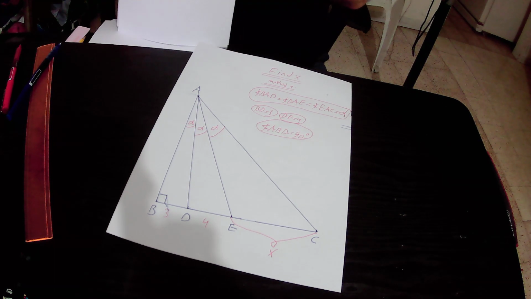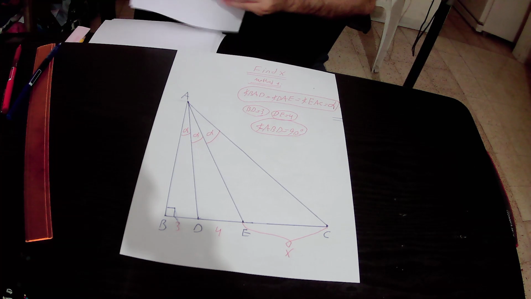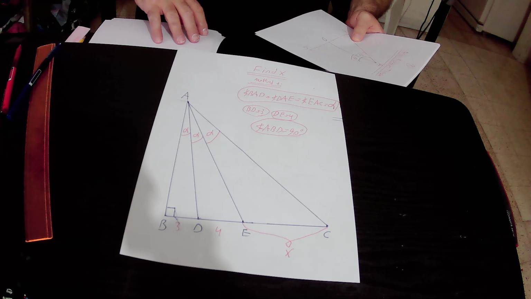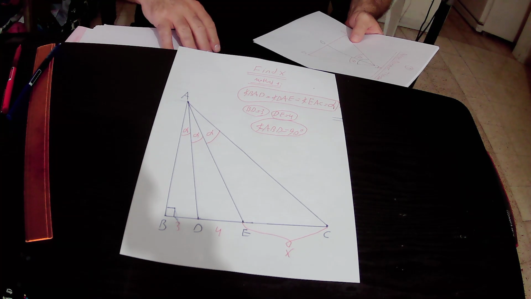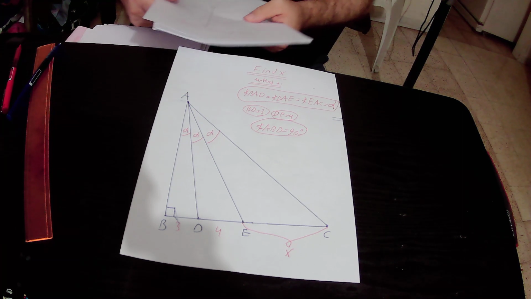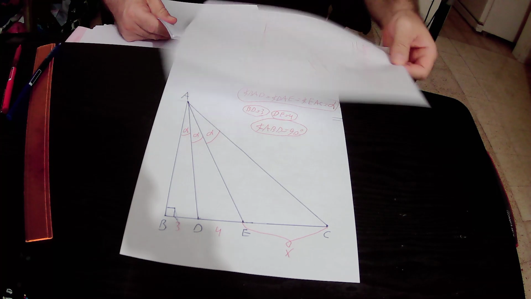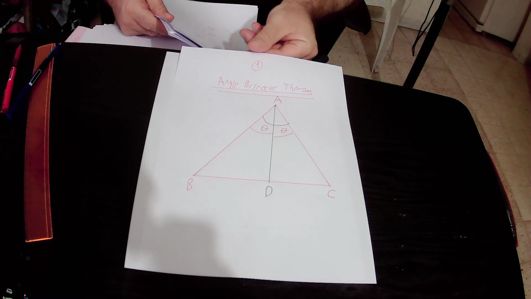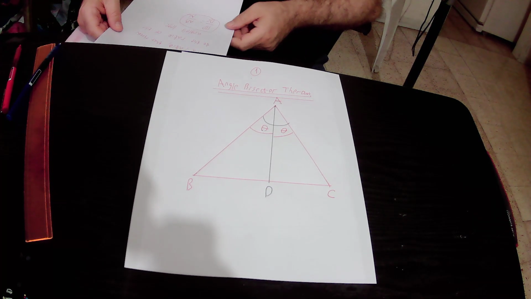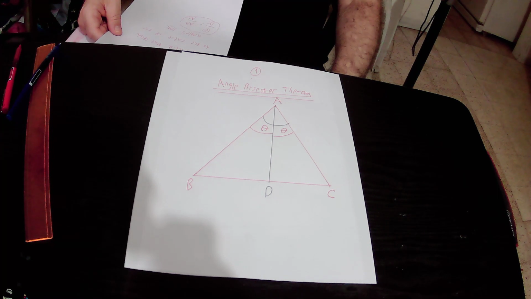So in order to solve this question, we actually used in both methods the angle bisector theorem. The angle bisector theorem states that an angle bisector divides the side that it is in a ratio that equals the ratio of the angle's legs.